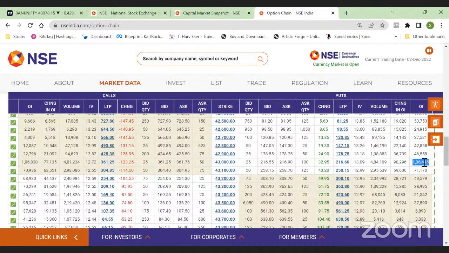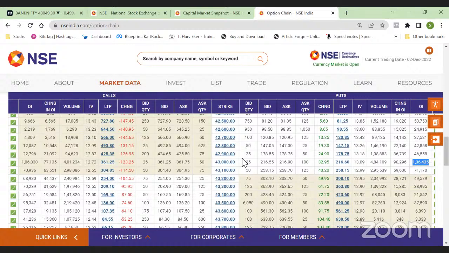So we cannot see much of a sell side also. If at all it comes, it may take some support somewhere around 42,800 or 900. So it will be more sideways only. No big thing. We are not expecting any extraordinary thing happening here.